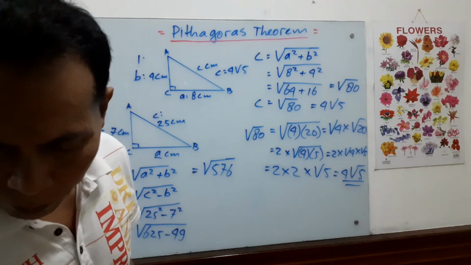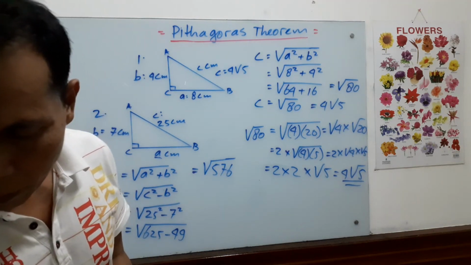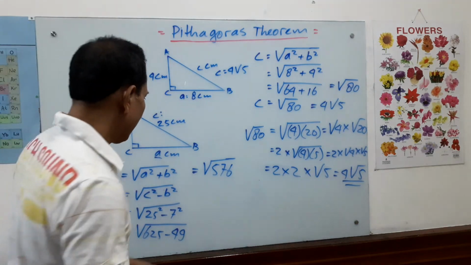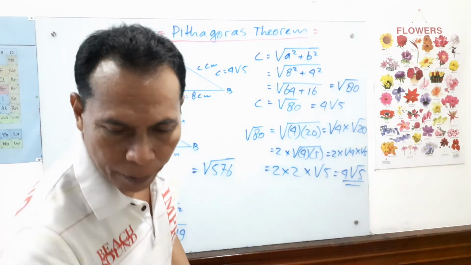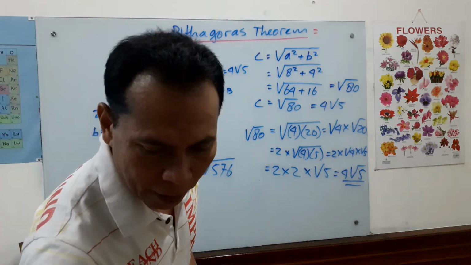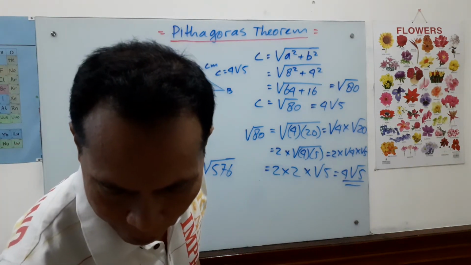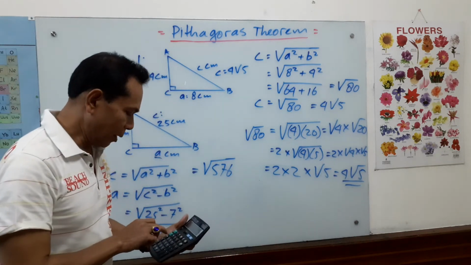$24. The calculator gives 24. Make sure that is correct.